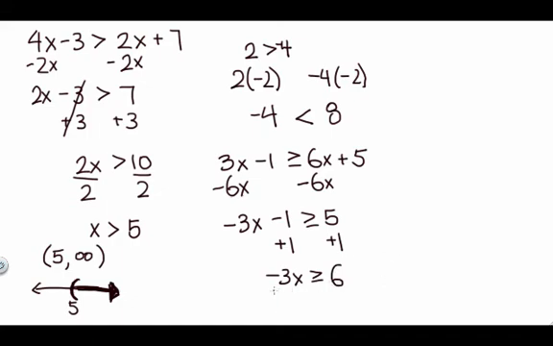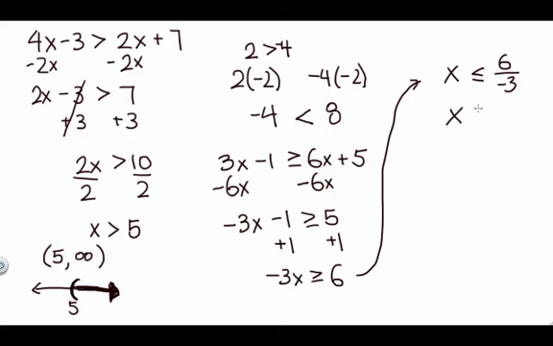My final operation is to divide by negative 3. But when I divide by a negative number, I have to switch the sign. So I'm going to switch that around. It's 6 divided by negative 3, and over here I'm just going to have x, because negative 3 divided by negative 3 is 1, and 1 times x is just x.